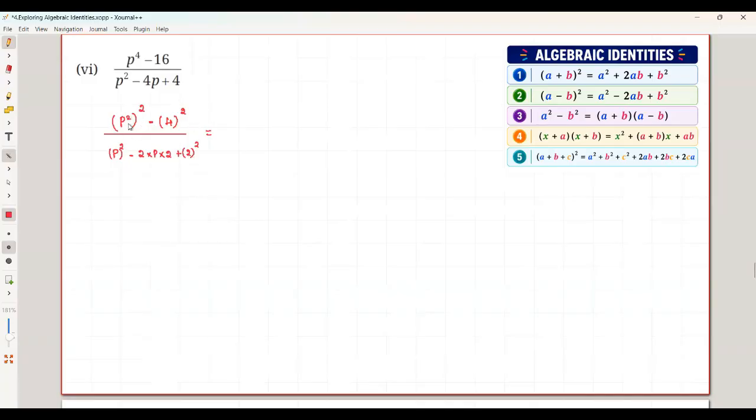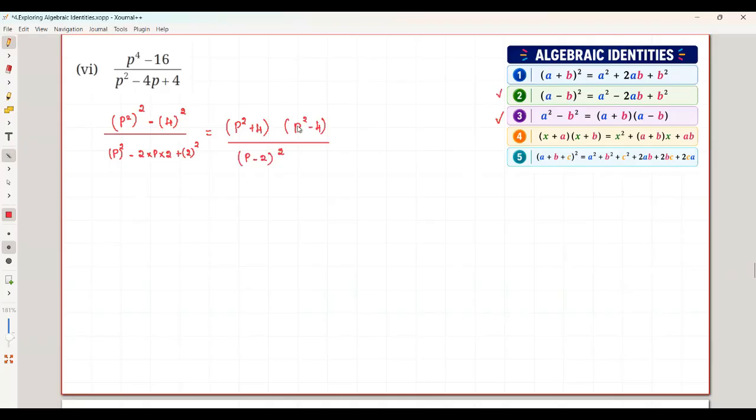Now expand. A square minus b square means we are using this formula: a square minus b square is equal to (a plus b)(a minus b), that is (p square plus 4)(p square minus 4), divided by, so now this is in the form of a square minus 2ab plus b square, that is (a minus b) the whole square, which is (p minus 2) the whole square.